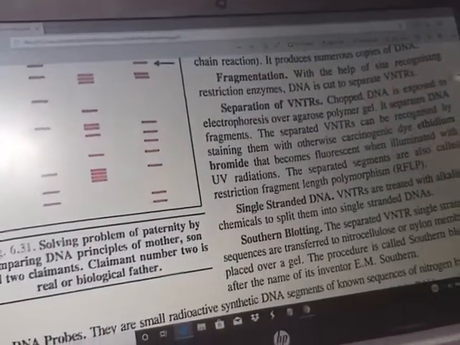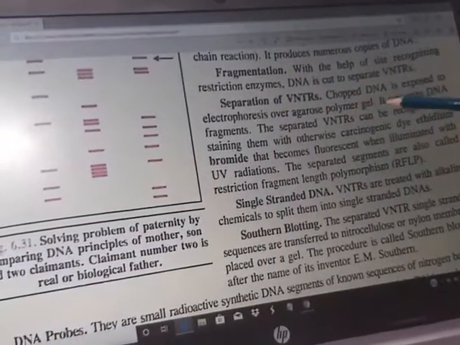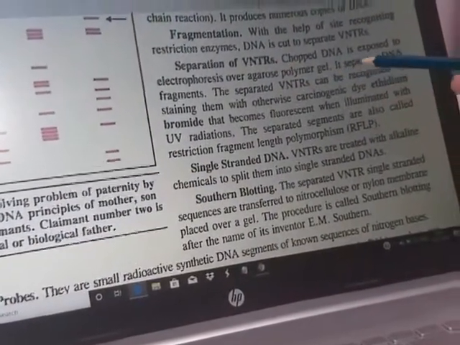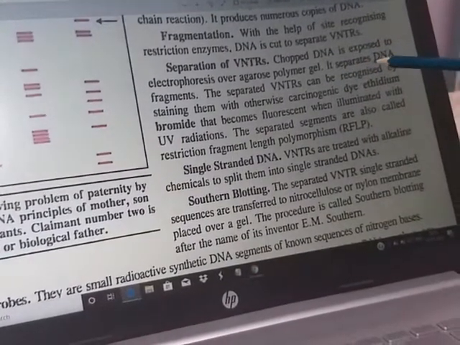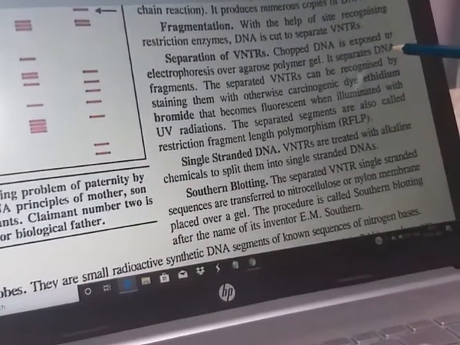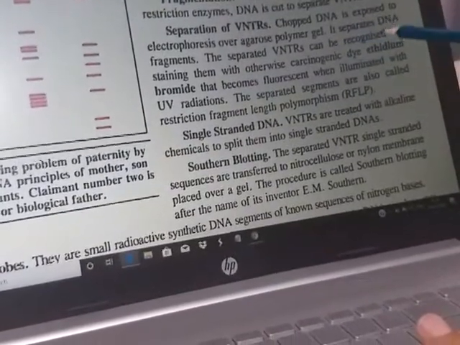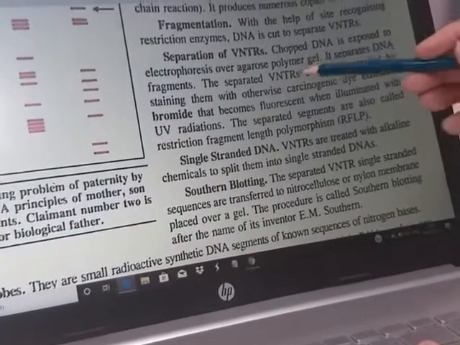So chopped DNA is exposed to electrophoresis over agarose polymer gel. So this is the gel, in which the segments are separated because DNA is negatively charged, and these fragments move toward the positive charge, and this is how they are placed at different locations.